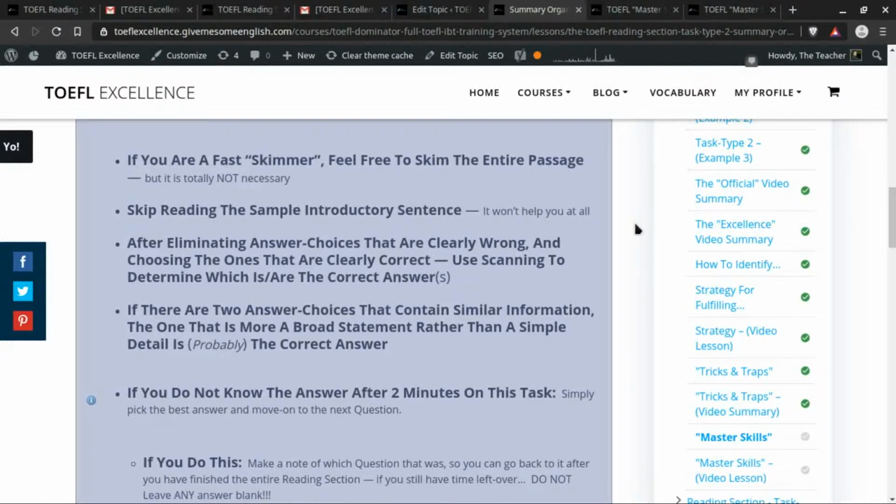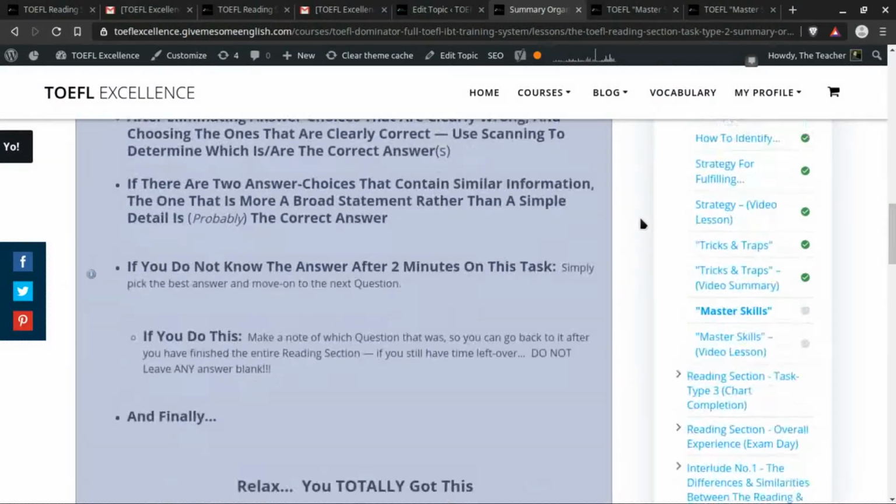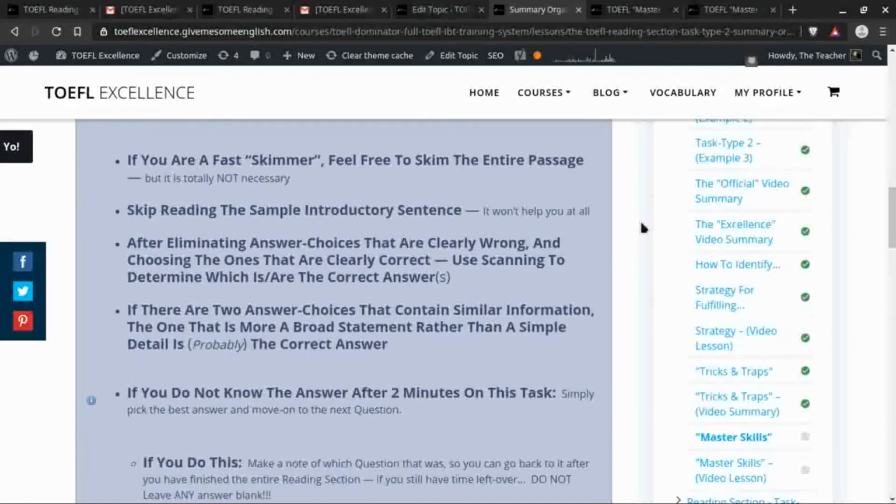You don't get to write your own summary statements. You have to choose the summary statements that they choose. And honestly, sometimes their summary statements might not be as good as the ones that you write yourself. So skimming through the whole thing to get an idea is not necessary, and it might not be a very good use of your time.